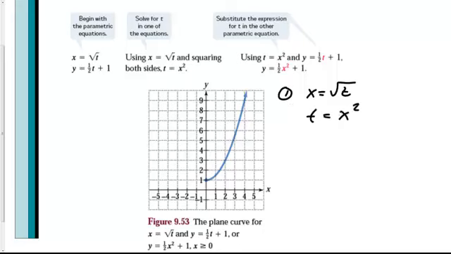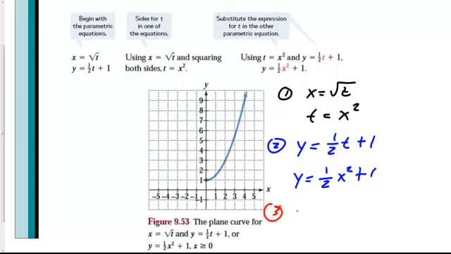And then our second step would be to substitute. We take the equation y is equal to 1/2 t plus 1, and we'll substitute x squared in for t, plus 1, and then we can graph the function.